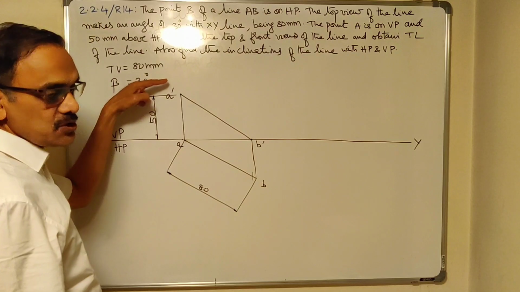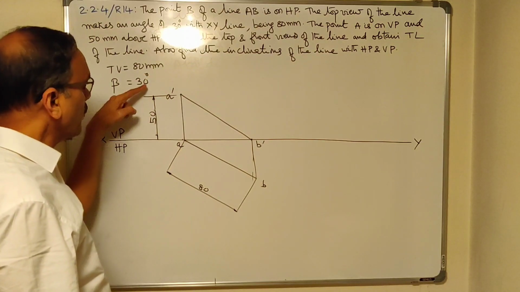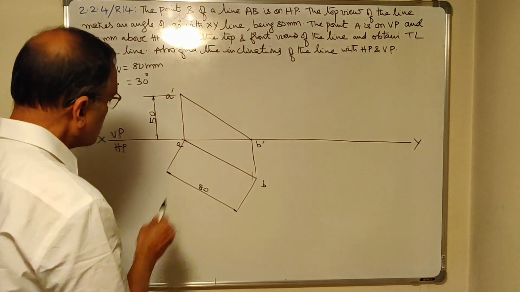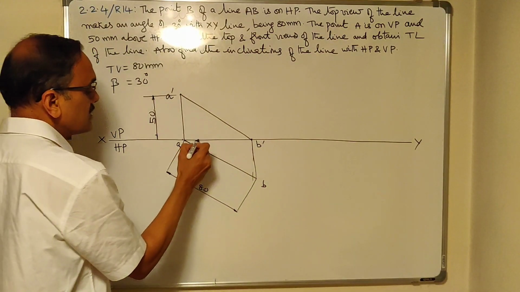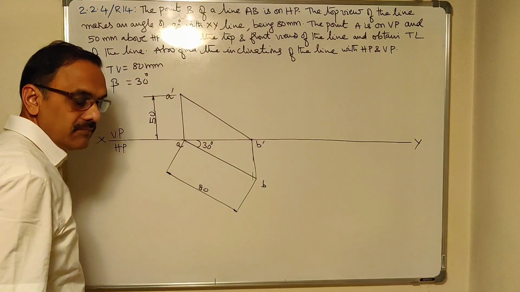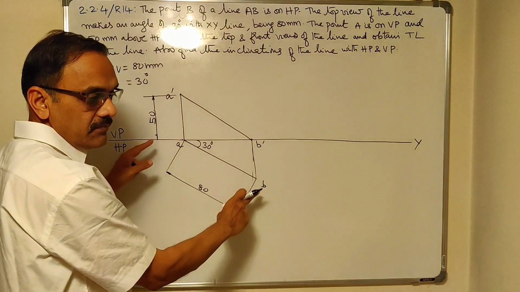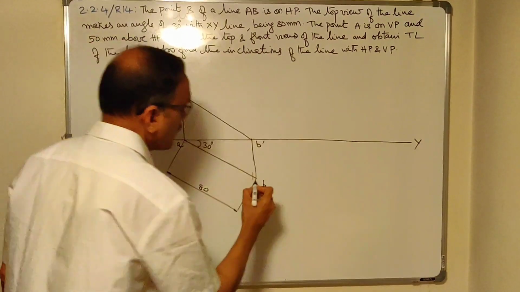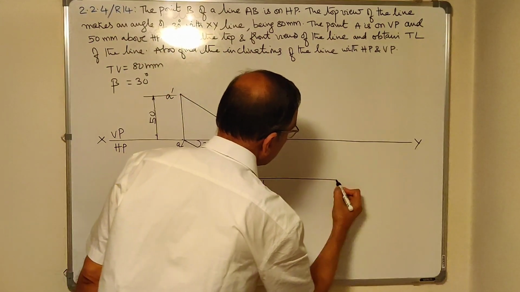Its other end position is also given, 50 mm above HP. After that, what did I do? I have drawn the top view itself straight away, taking this angle as 30 degrees and the length as 80 mm. So I have drawn the top view with the given length. I got the point B, so I can draw the locus of B here.